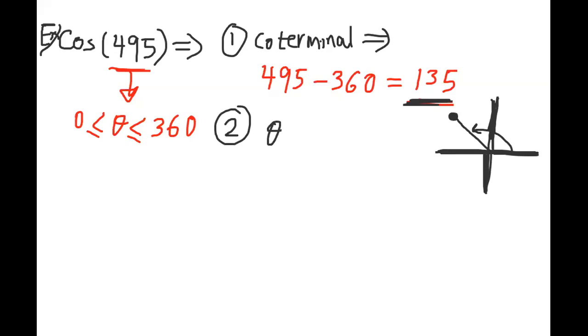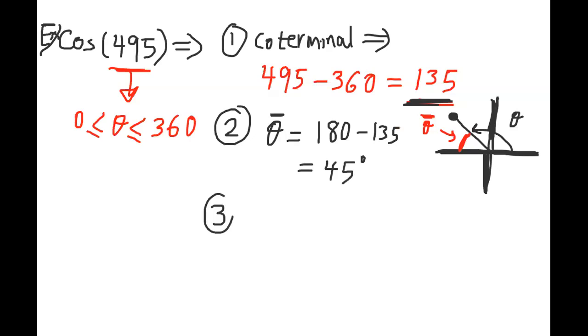The reference angle is this here. This is theta bar. This theta bar and the theta are similar to each other for the trigonometric function, but the difference is the sign, positive or negative. So again, the reference angle is 180 minus 135, and the answer is 45.